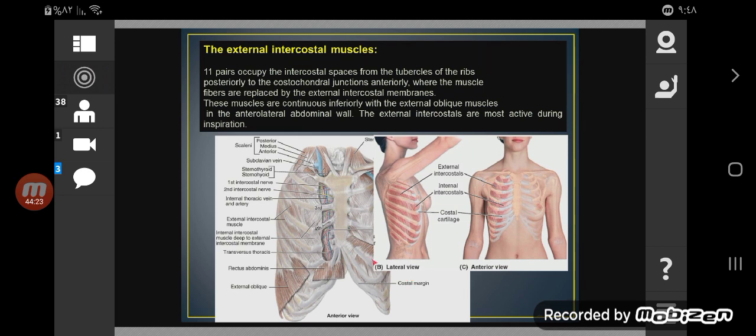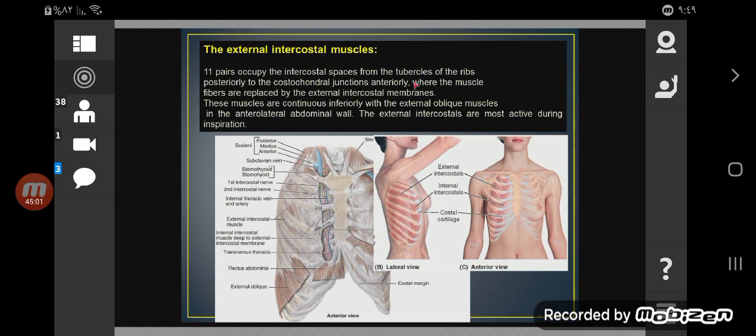The first, external intercostal. You've got 11 pairs of this muscle in your body. The external intercostal muscle fills the intercostal space from the tubercle of the ribs. I mean that from the posterior, this muscle starts, the posterior part of the intercostal space, this muscle starts.